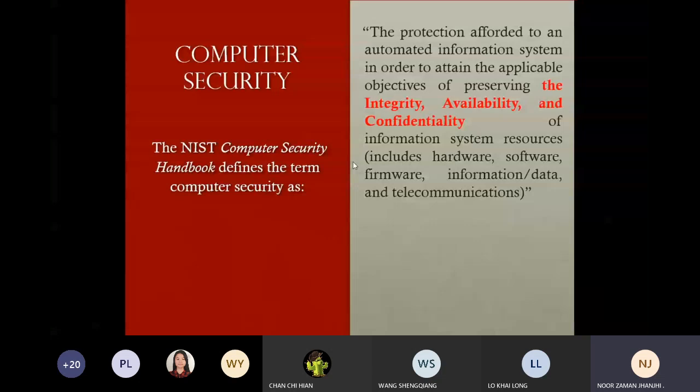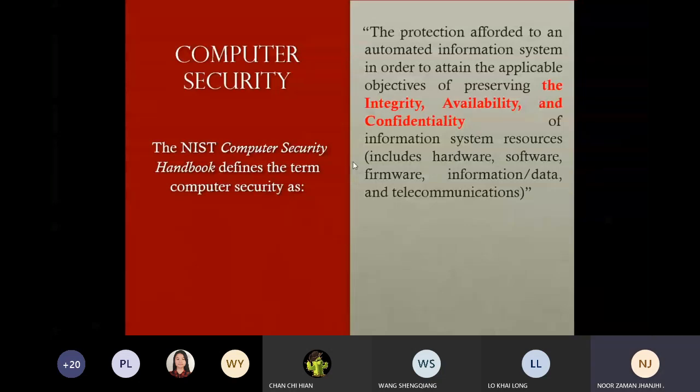Previously, the security concept was presented by NIST as CIA. C is confidentiality, I is integrity, A is availability. Now at this stage, we have more concepts than CIA.